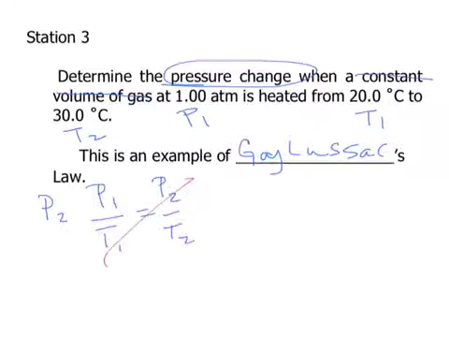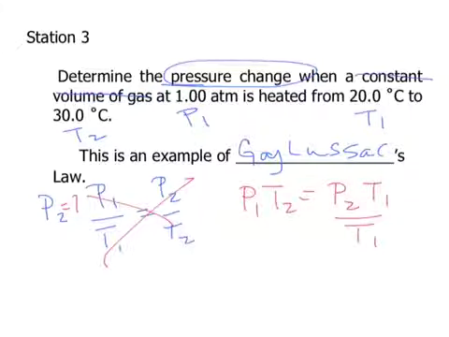Let's go ahead and cross multiply so that we end up with P1 T2 equals P2 T1. We are looking for P2, so we're going to divide both sides by T1. And so my formula is going to end up being, cancel these out, P2 equals P1 T2 over T1. So now I'm going to plug these values in.